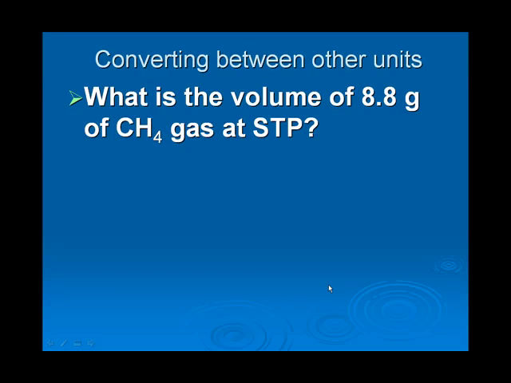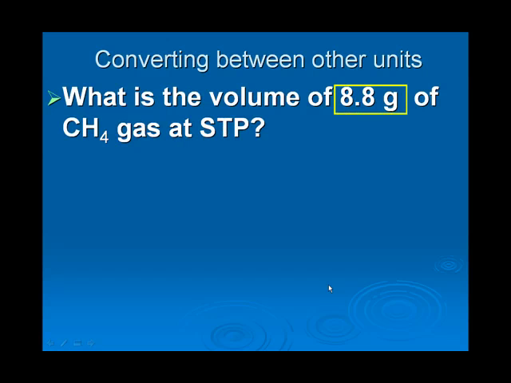All right, last one. What's the volume of 8.8 grams of methane gas at STP? Methane is CH4. So again, I recommend you pause, try and set this one up on your own. Okay, they're not that hard. Given 8.8 grams, we're looking for volume. Volume's measured in liters.